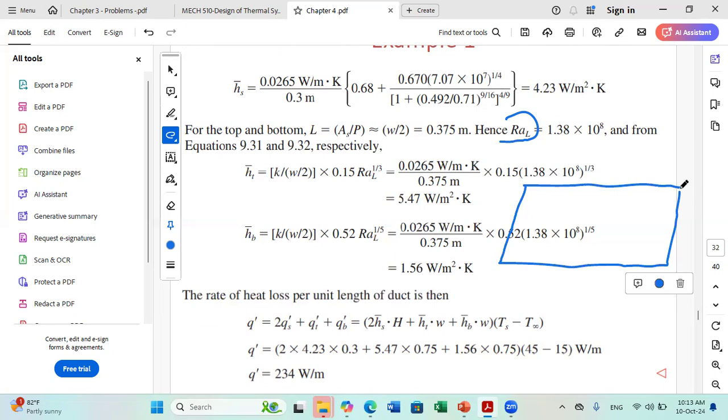It's true that we are doing analysis per unit length, but since it's a very long duct, you can consider your whole duct. And for the characteristic length, you take the characteristic length of the whole surface.